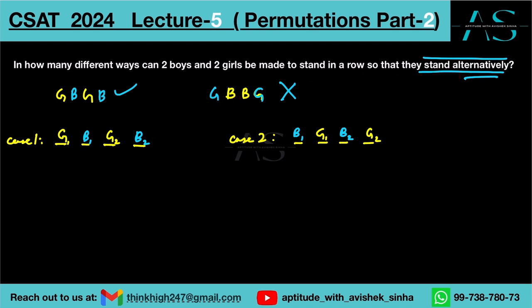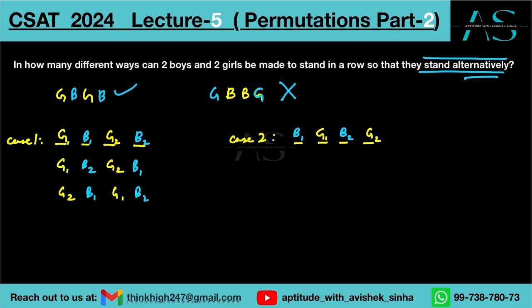Okay. So, if you do this manually, let's just understand this question. If you try to do this manually, you can say girl 1, boy 2, girl 2 and boy 1. Yes or no? Or you can write it as girl 2, boy 1, then we have girl number 1 and boy number 2.